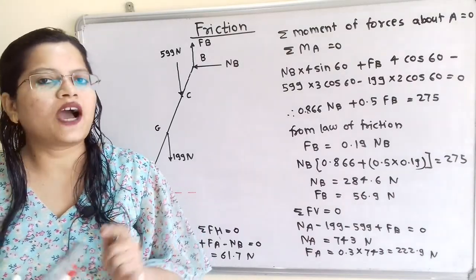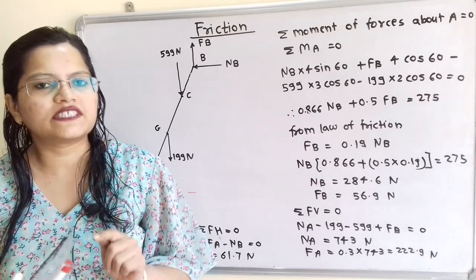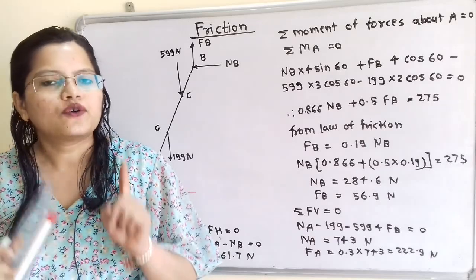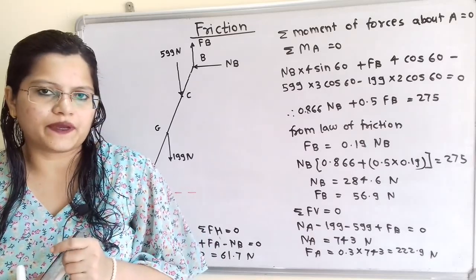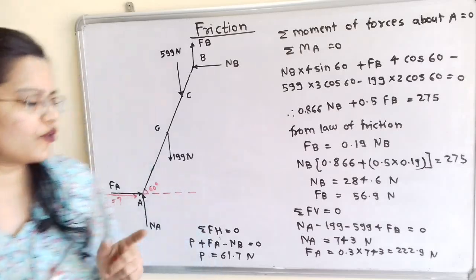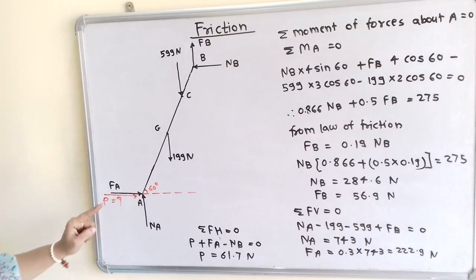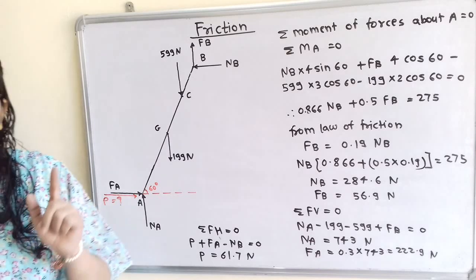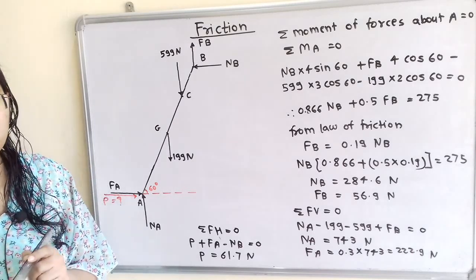We have to find the applied force P acting at point A to prevent the ladder from slipping. So we show the force P acting at point A in the horizontal direction, P equals question mark.